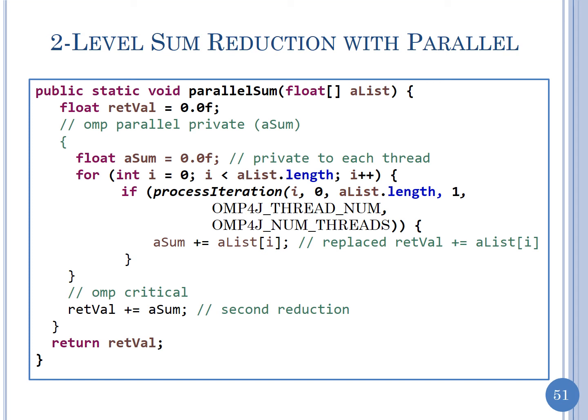In the parallel construct, you can declare a series of variables to be private. Those variables are created as private copies. And that's our critical section. So moving the summation outside of the individual thread loop is what allowed this to happen? Yes.